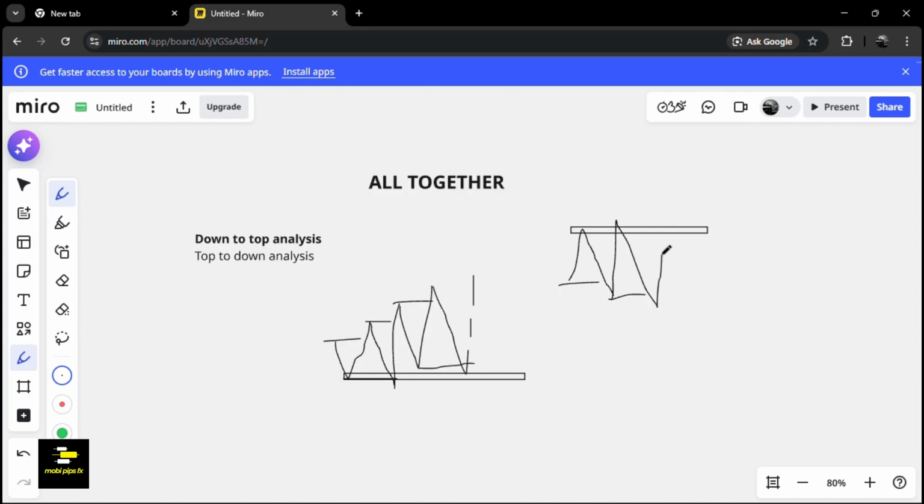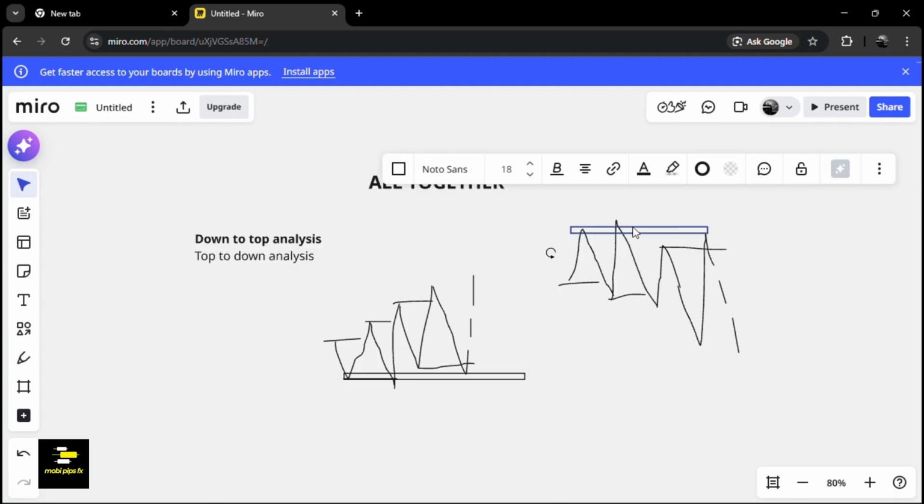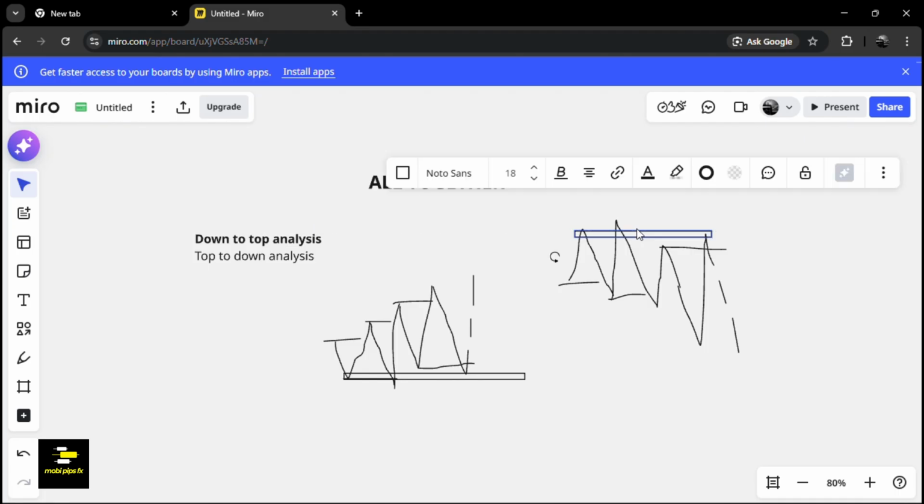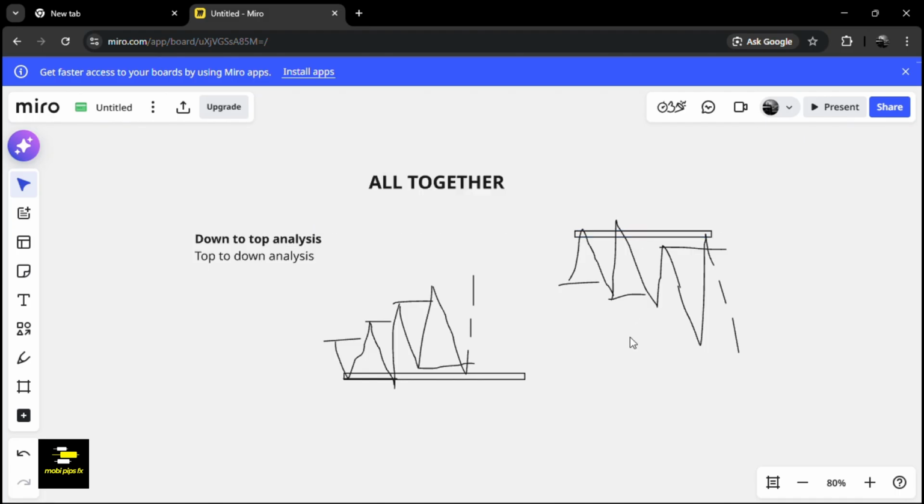Price comes back, forms a structural liquidity right here, then finally comes back again to sell. This right here is our POI, our point of interest. That is where price will come and react from. So that is the setup that we spoke about.